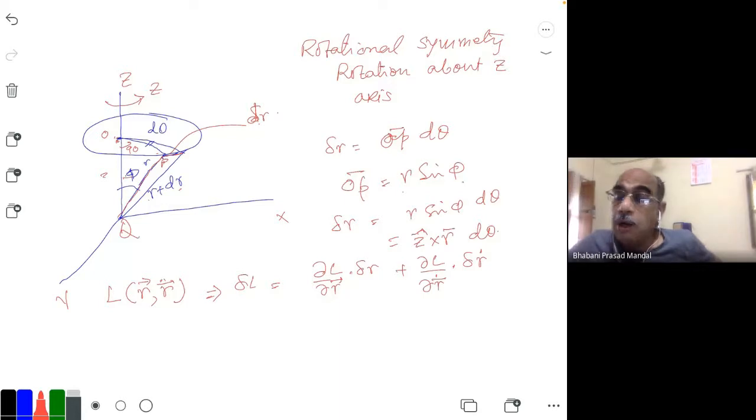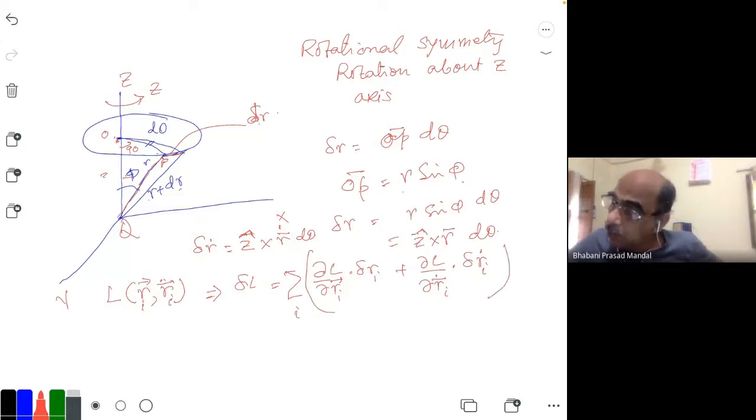Delta r I have already calculated, and delta r dot will be unit vector z cross r dot vector d theta. If you have more than one particle, there will be a summation over i for both the terms.